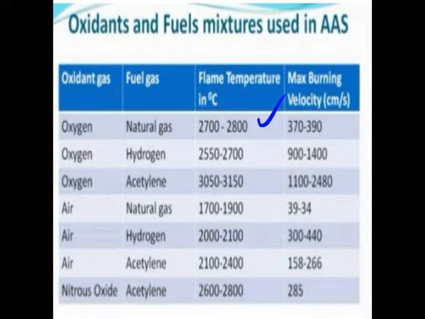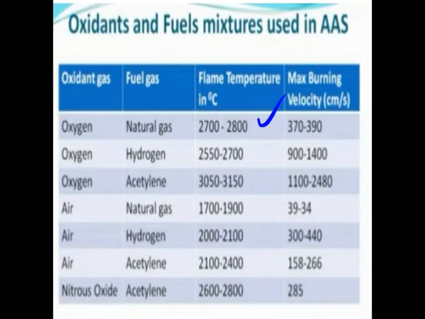But if along with the oxygen, acetylene is added as the fuel gas, the temperature of the flame rises. It is 3050 to 3150. Okay, so if we keep oxygen as the oxidant gas and change the fuel gas, the flame temperature also changes. If oxygen and natural gas are used, we get a flame temperature of 2700 to 2800.